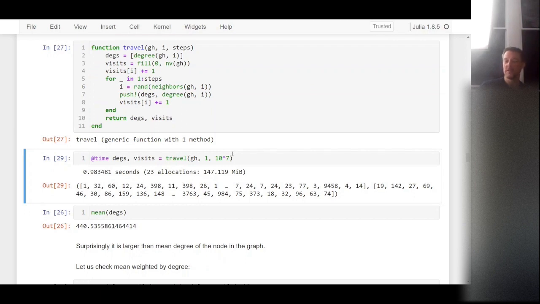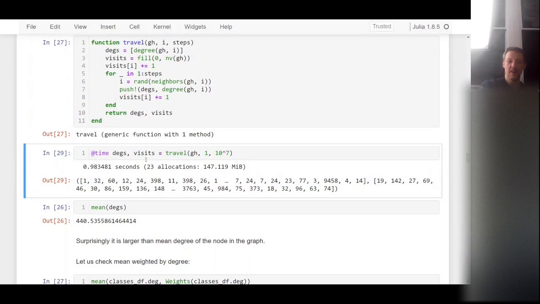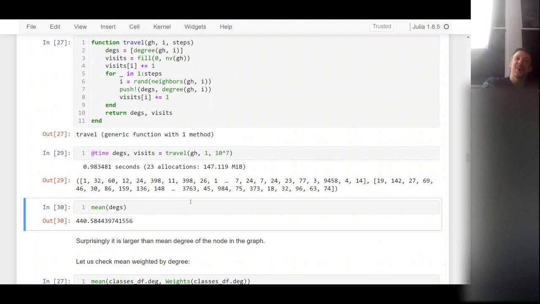And I now can check this dex vector and visits vector. So first of all, I check dex vector, and the mean of dex vector is 440. Well, compared to 15, it is much, much bigger. So actually, it seems that your intuition was correct, because it's indeed much bigger than just taking the mean.